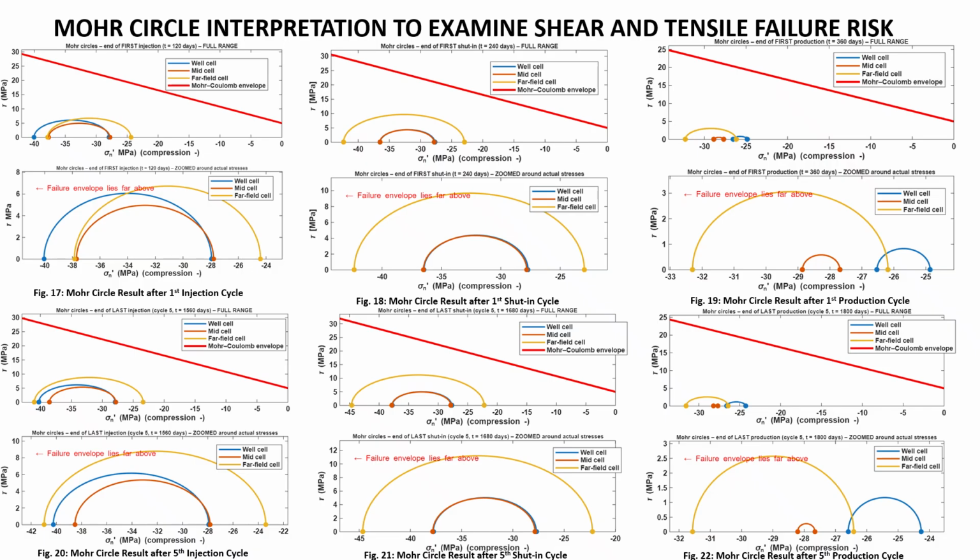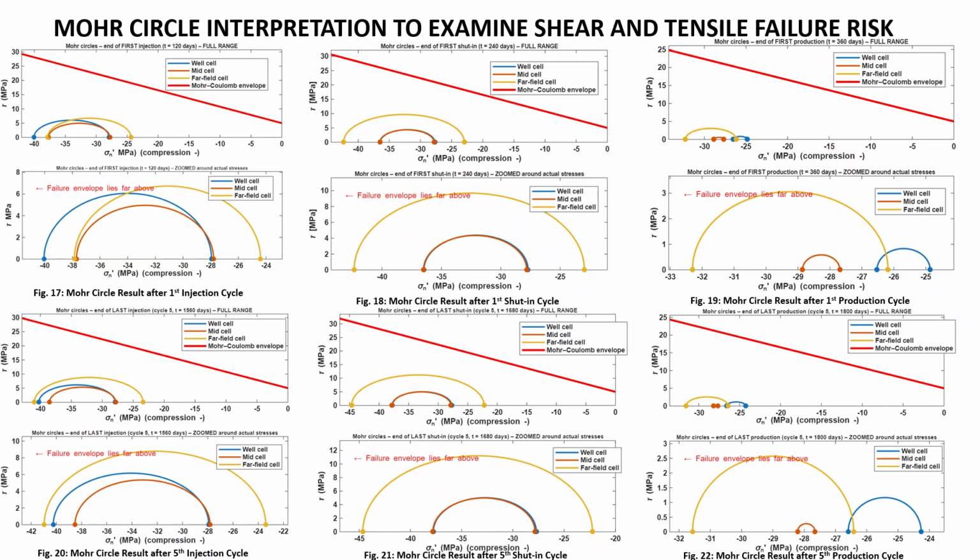So overall, the Mohr circles which I have shown in this slide show that the reservoir experiences strong cyclic stress swings near the well, and none of these stresses at any stage or any cycle approach shear or tensile failure. So we can say that the system remains mechanically stable throughout.